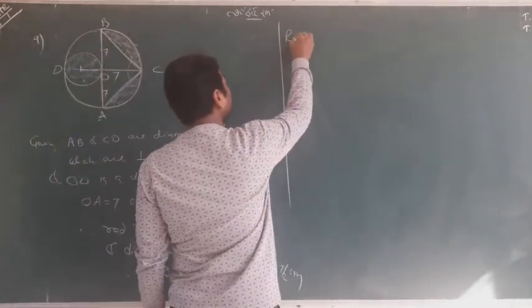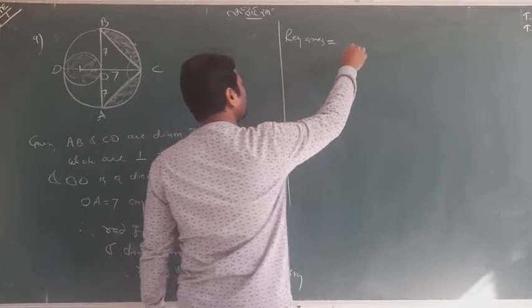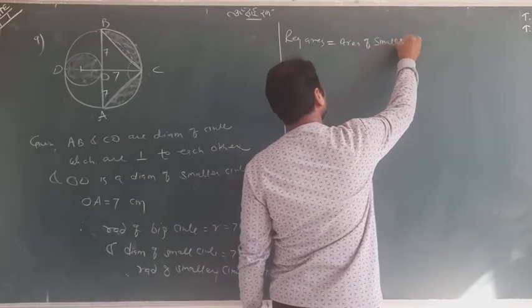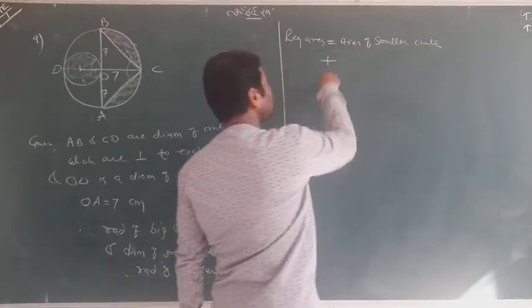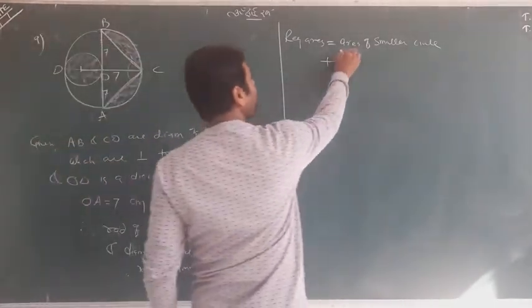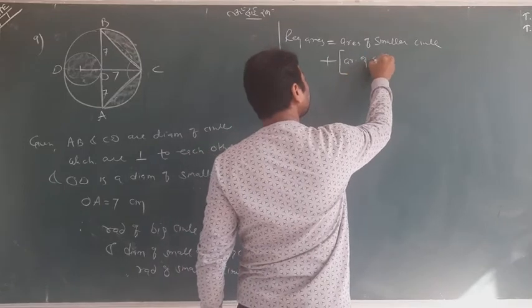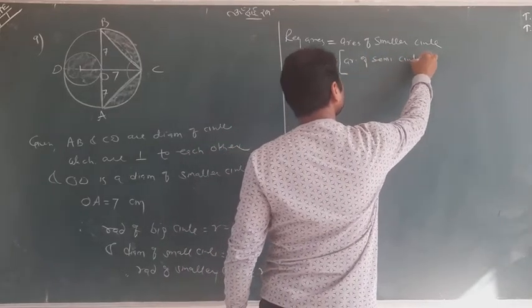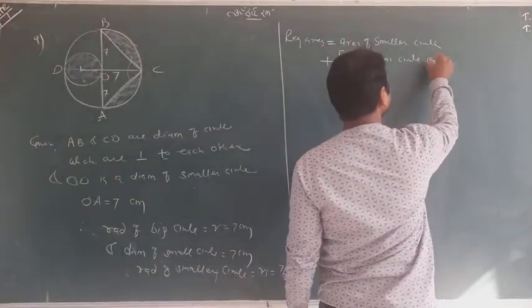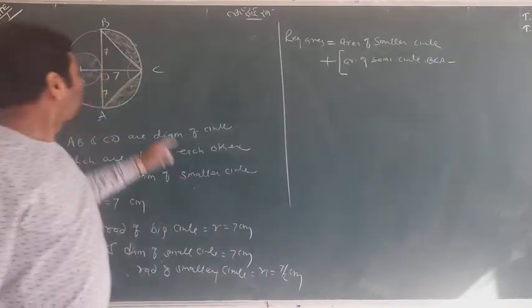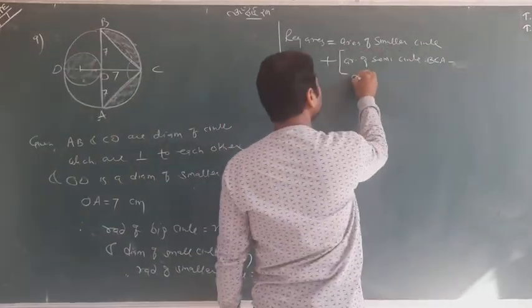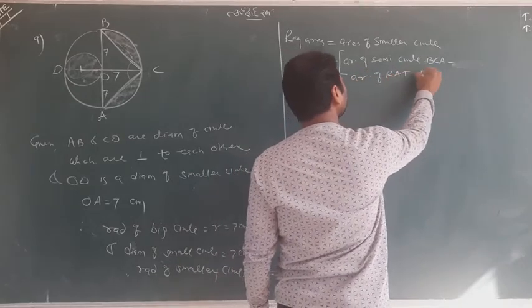What I'm going to do, you know it. I'll write required area equal to area of the smaller circle plus area of semicircle BCA minus area of right angle triangle BCA.